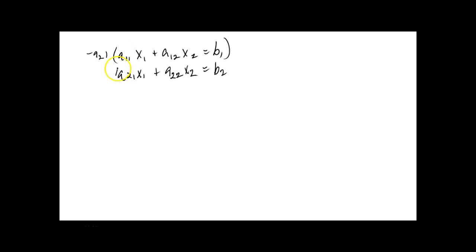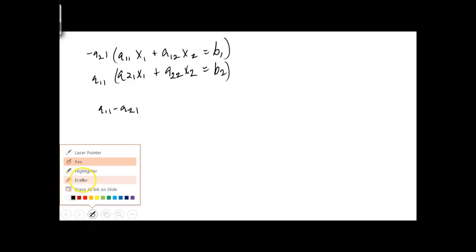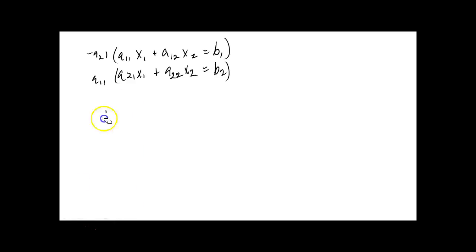I'm trying to do it the same way the book did. If these were numbers here, it'd make a lot of sense. So the top equation becomes A11 minus A21. I'm sorry. I don't know where the brain is today. Let me start over. Okay. All right. Minus A11, A21.